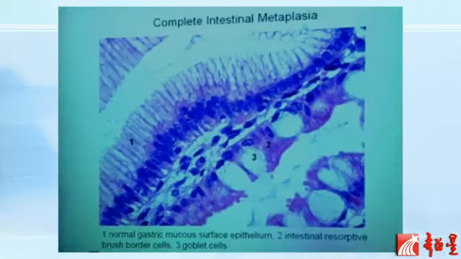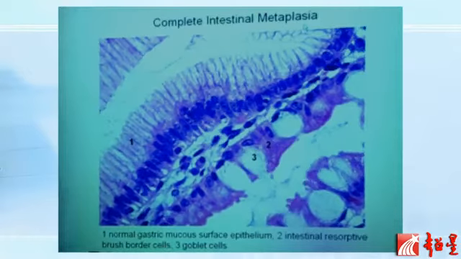For complete intestinal metaplasia, here we see this kind of cell, intestinal absorptive brush-border cells, these cells, plus these goblet cells in this epithelium.